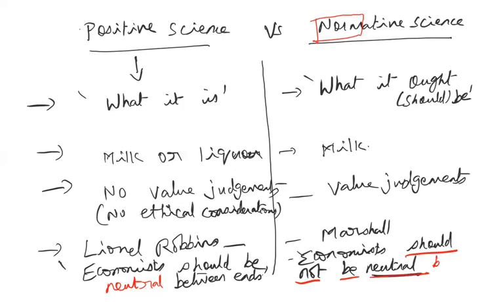So this is the difference between positive and normative science. But finally, you can understand that economics is both a positive science as well as a normative science. Economics is a science as well as an art, and economics is also a positive science as well as a normative science. Okay, so with this, we finish the nature and scope and subject matter of economics, including micro and macroeconomics.